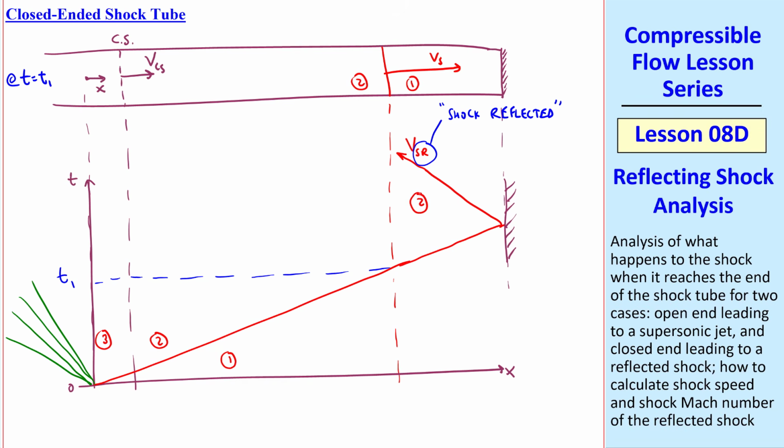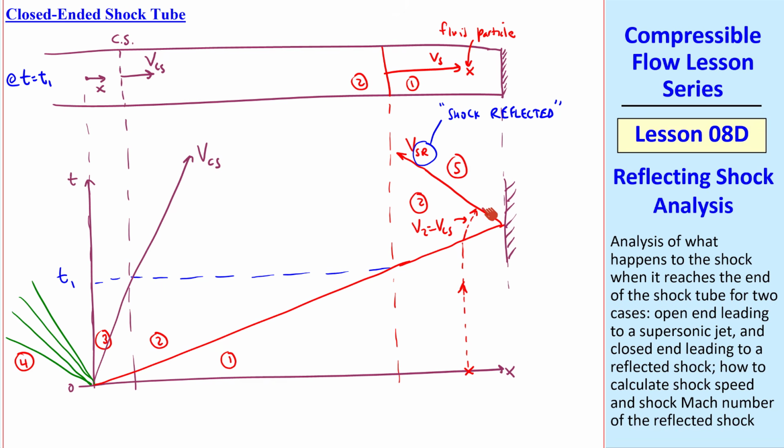This is still region 2, but since we've already used regions 1 through 4, let's call this region 5. Now consider a fluid particle at this location, which on the x-t diagram is stationary until the shock hits it. Then it has to move parallel to VCS until it hits the reflected shock, since V2 is VCS, as previously.